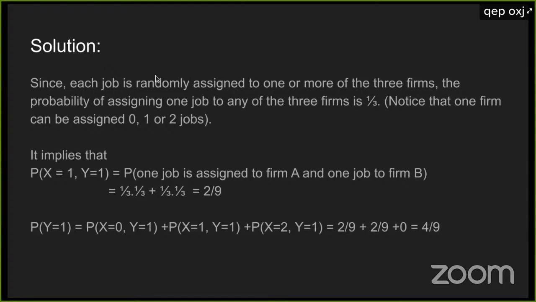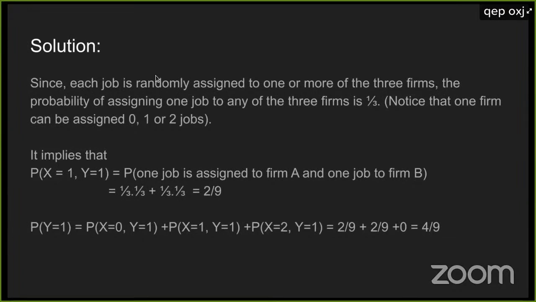So the probability that x equals 1 and y equals 1 means one job is assigned to firm A and one job is assigned to firm B, which is the joint density of x and y, right? Sir, I didn't understand this part. It's 1 by 3 into 1 by 3 plus 1 by 3 into 1 by 3.